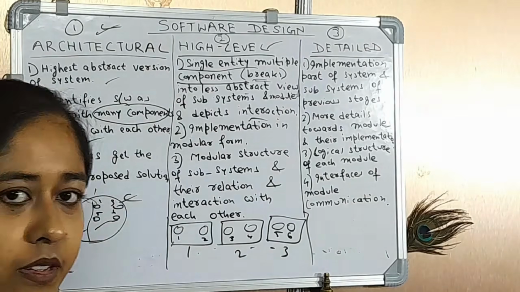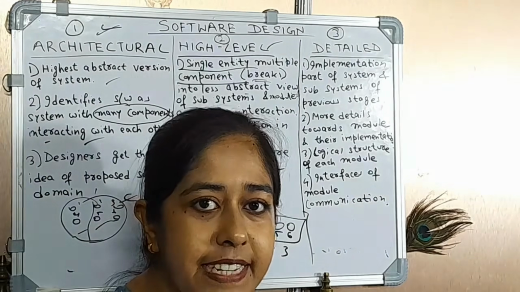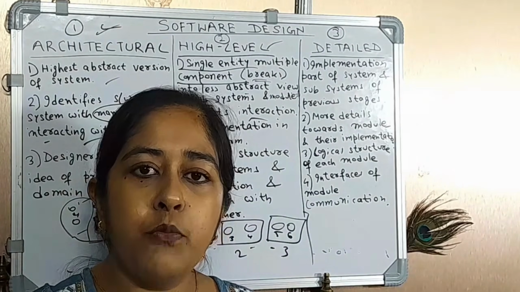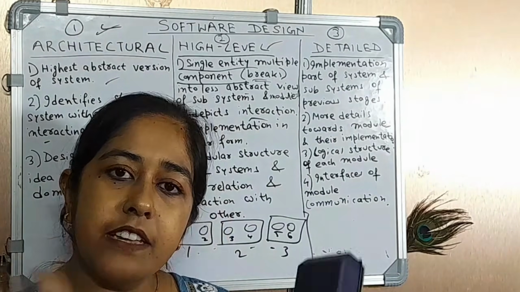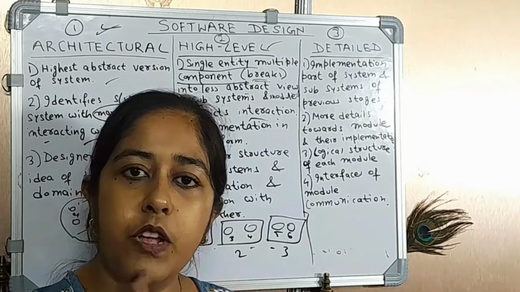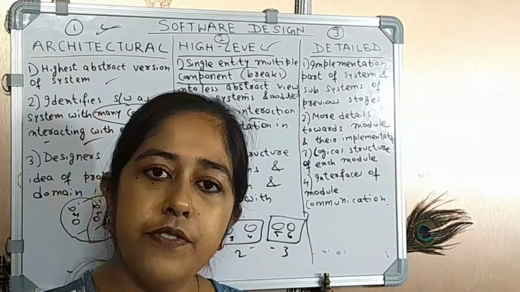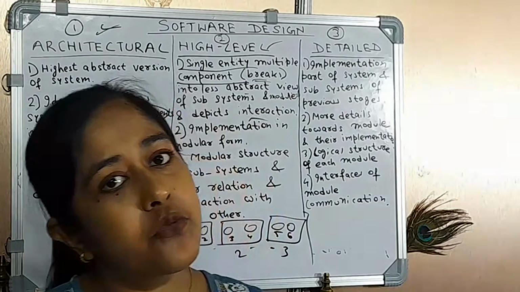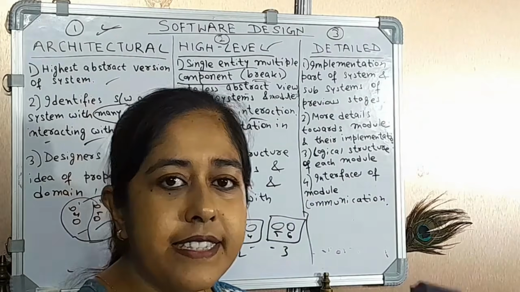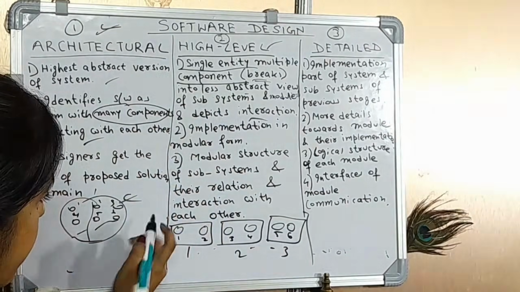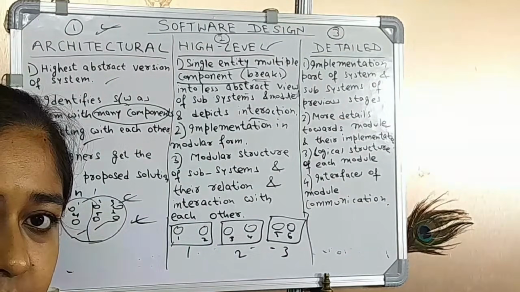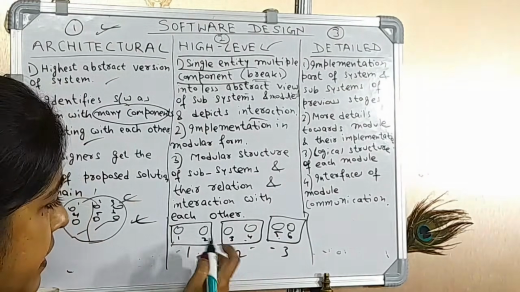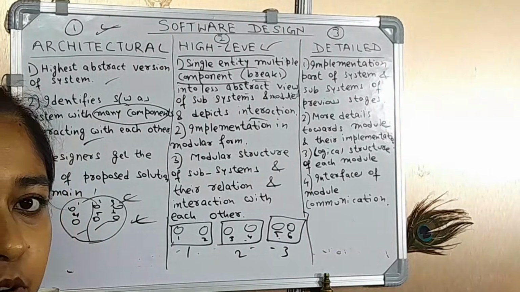As we did in testing, we first did unit testing on small modules, then in integration testing we merged those modules into small components, and then we merged the whole thing in system testing. Here the thing goes in another direction. First we work with the whole system, then we break it into subsystems with modules and small modules.